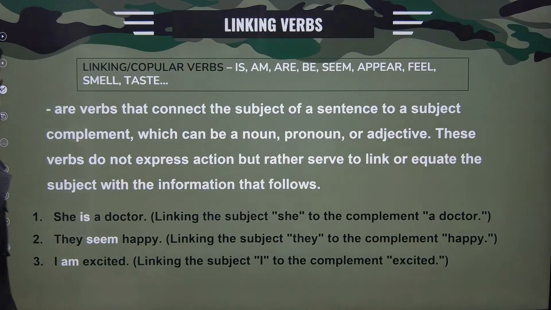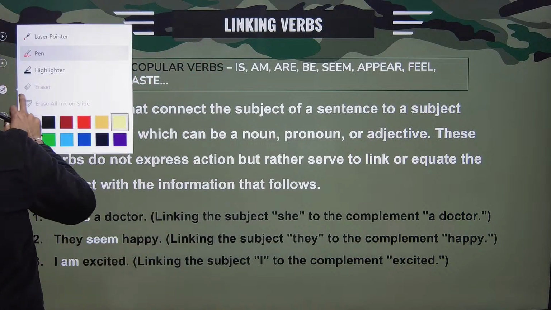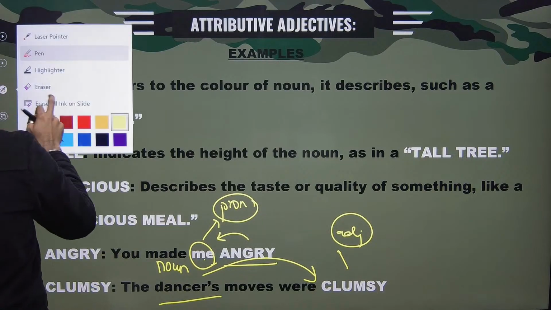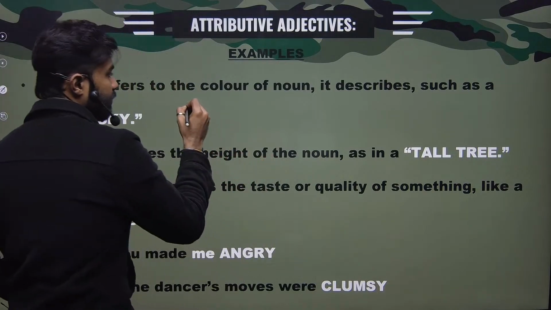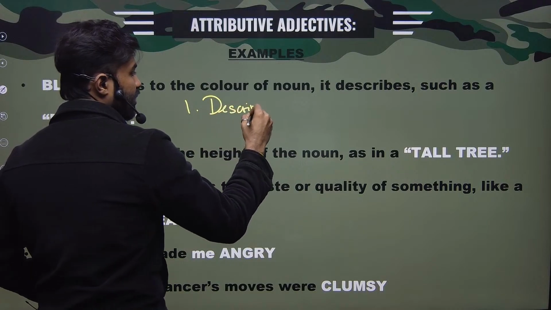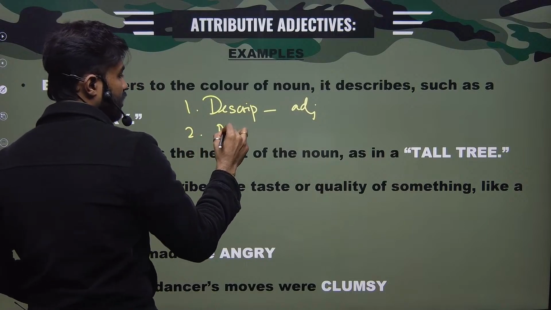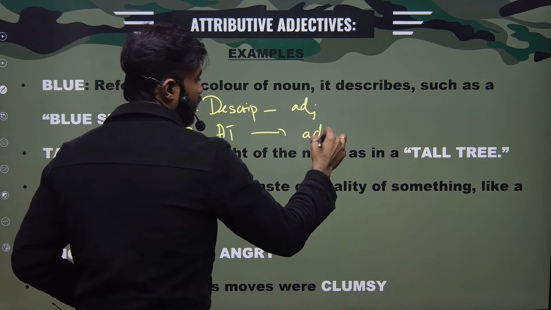Now, in order to know what are predicate adjectives, our next adjectives. First we have cleared descriptive adjectives. Second one, attributive adjectives.